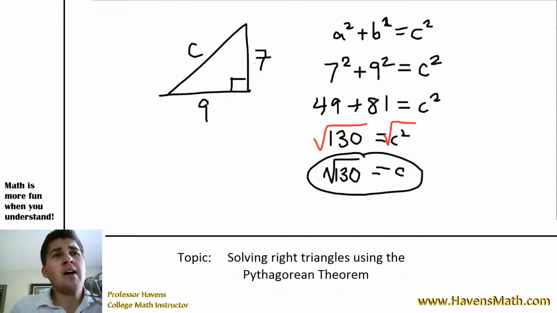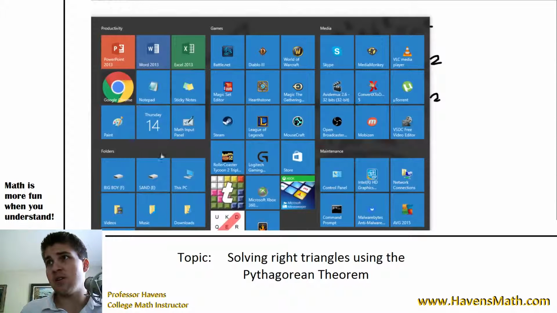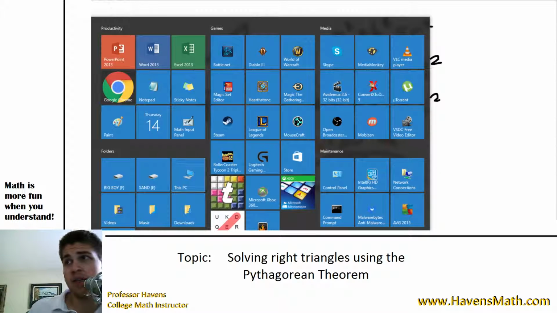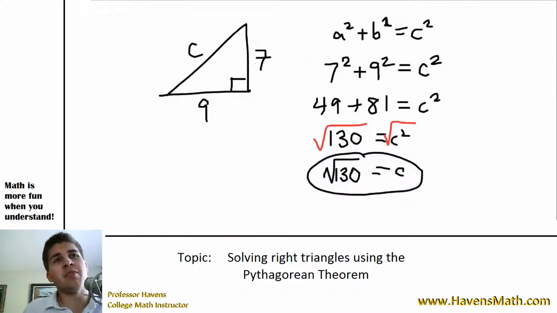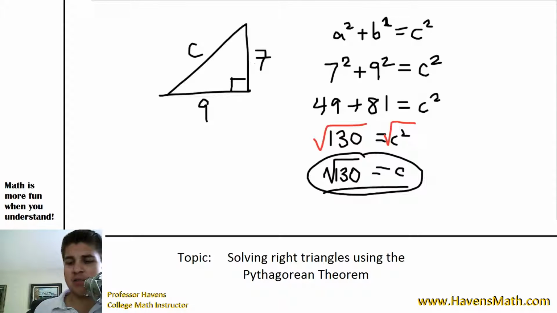But for now, if we wanted to figure out what this was precisely, we would need to type this into a calculator. So just to pull up a calculator really quickly. Well, anyways, the square root of 130 is somewhere between 11 and 12. It's probably going to be about 11.3 or 4, something like that. You need a calculator, but sometimes we would just leave our answer like this: the square root of 130, which is an exact answer.